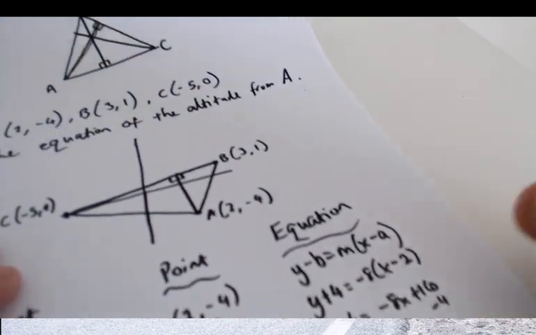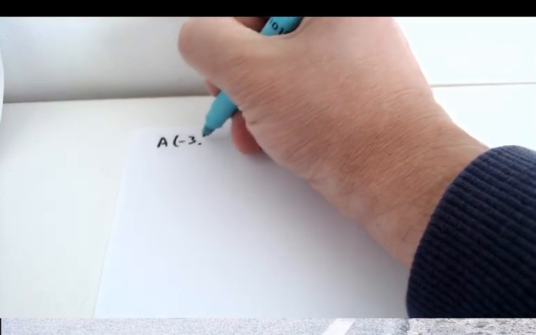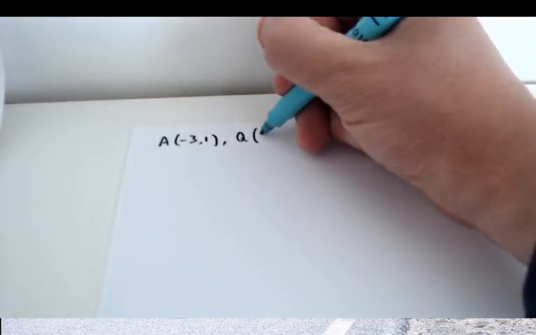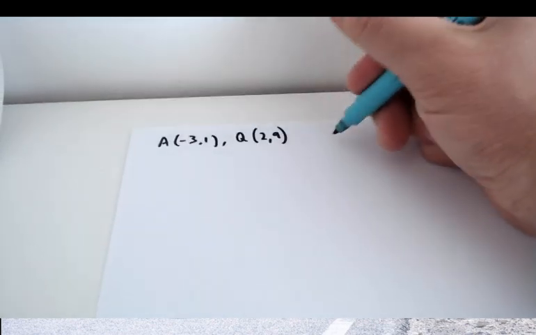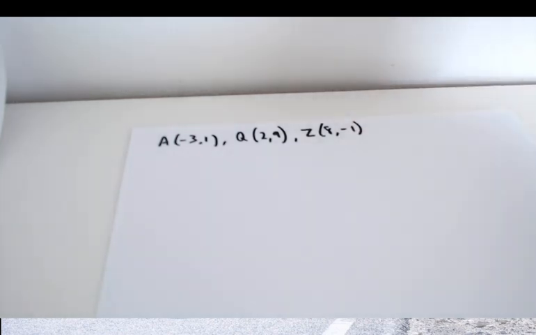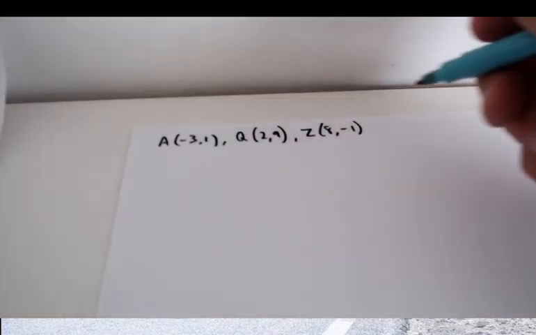Okay, let's try another one. This time we're going to say that we have A, which is minus 3, 1. I'm going to say that I've got Q, which is 2, 9. And I'm going to say that I've got Z, which is 8, minus 1. Again, just because we're getting used to it just now, a little sketch from me just to show you what it looks like.